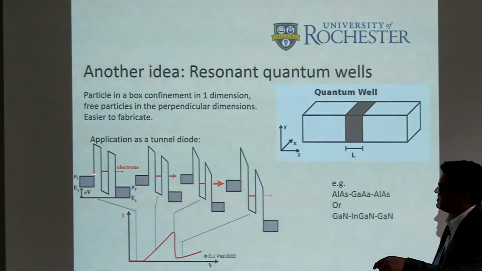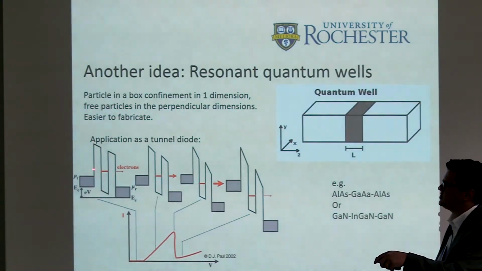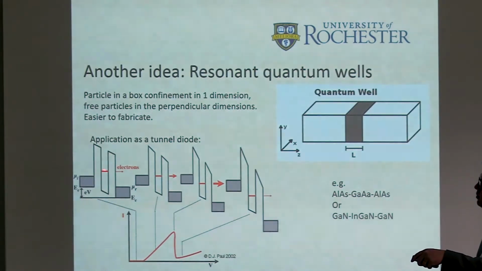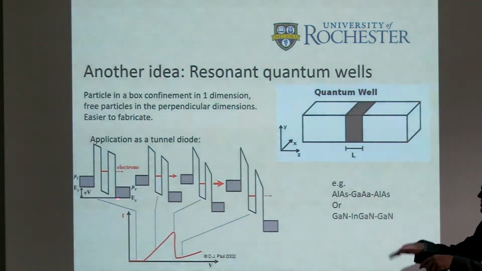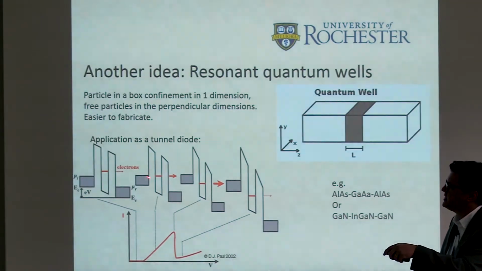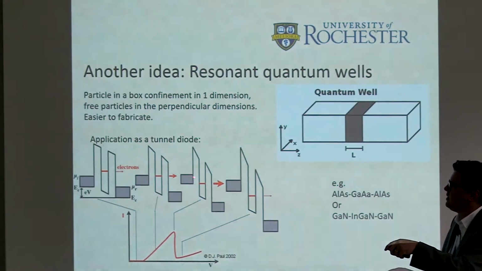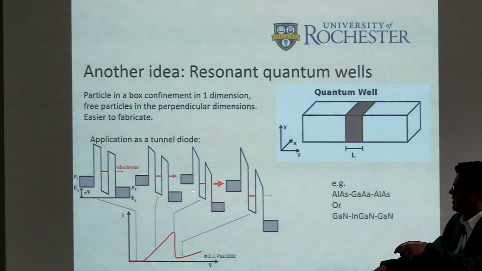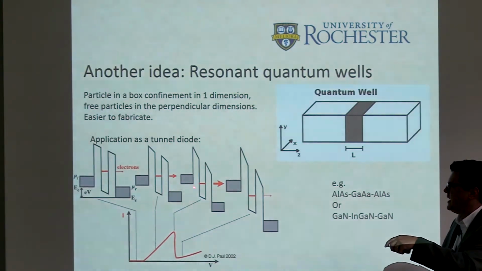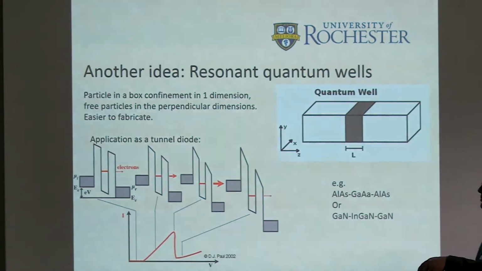And so the picture is now, again, that if I have this lowest level of the quantum well above this Fermi energy, I get no transport. But if I lower the gate voltage, I bring it into resonance. I start generating current. I get lower and lower, and eventually I go below the band edge, and then it stops producing current. So this is a simple model actually for making a diode, something that's called a Schottky diode. Right? So now we're going to try to use this for energy harvesting purposes.